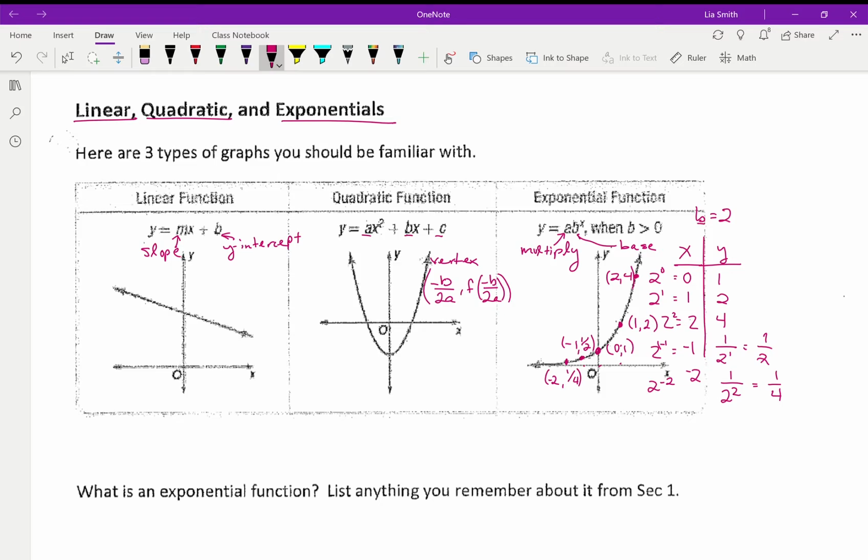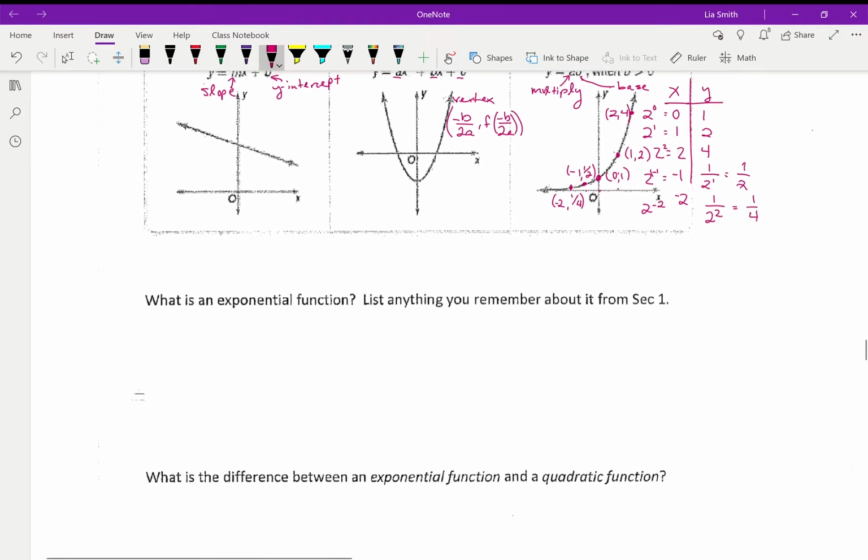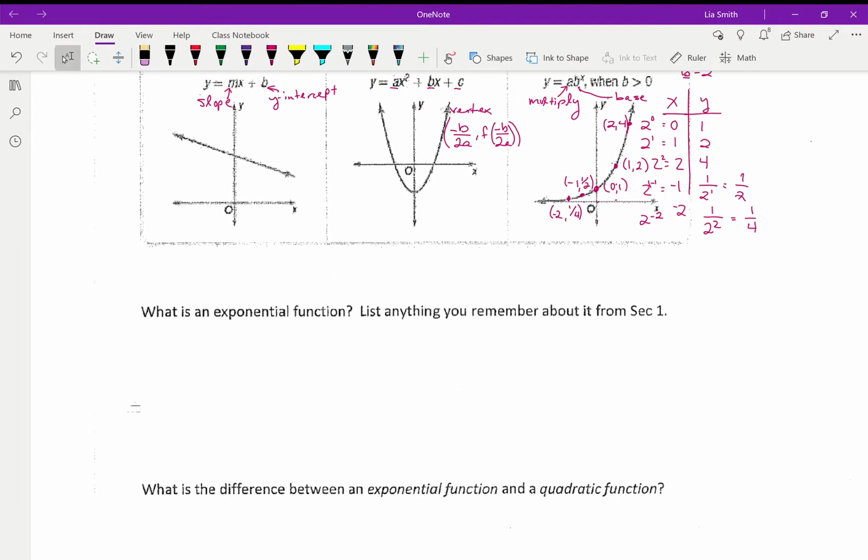One important thing to notice about exponential functions is this line looks like it touches the x-axis, but it will never touch the x-axis. So down here below, it gives you a chance to recap some of the things that you remember about exponential functions from secondary 1. Maybe think about some of the things that stood out to you in that video or in the explanation that I just gave.